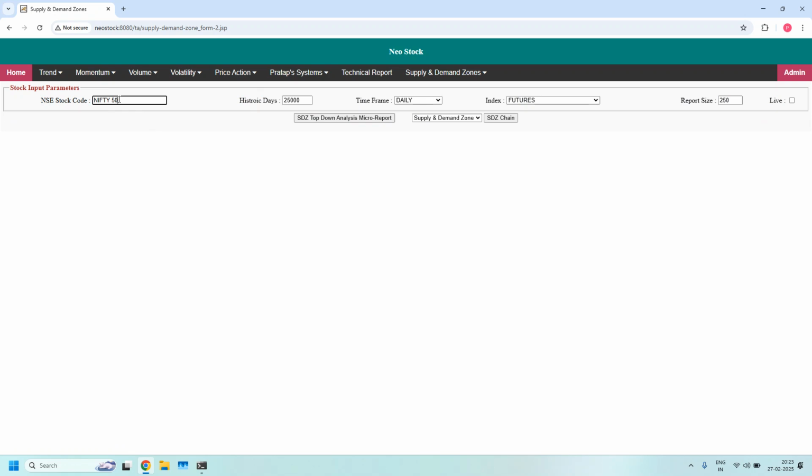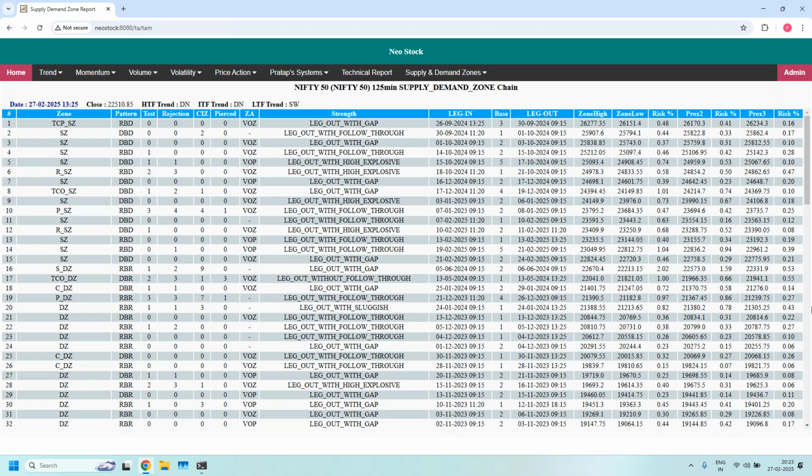Let's start with Nifty. So generating 125 minute supply demand zone chain for Nifty. Sixteenth is the nearest demand zone to the current closing price.